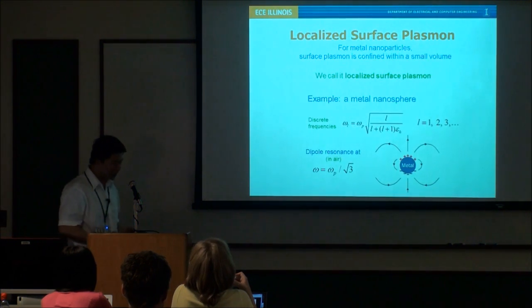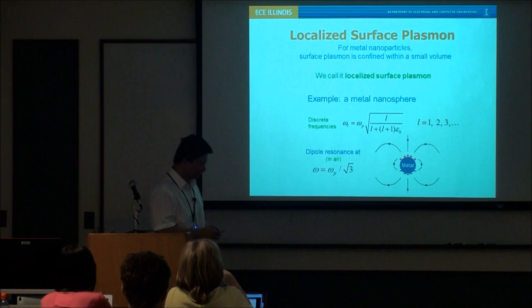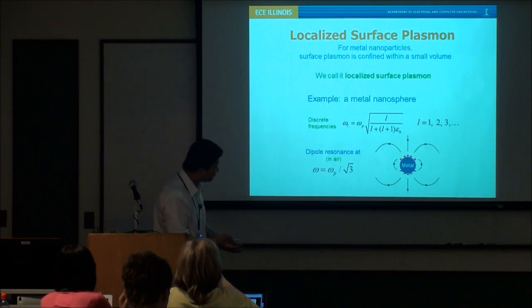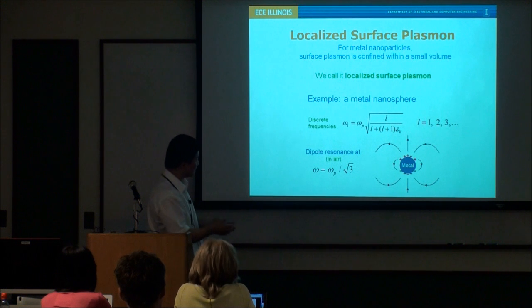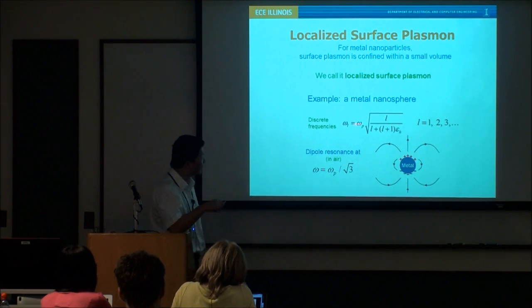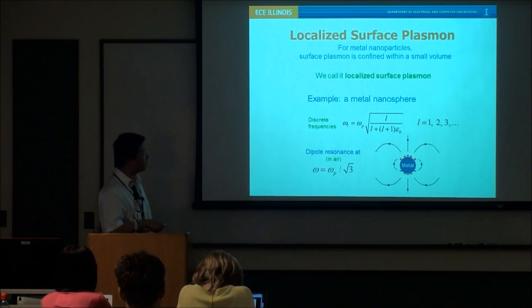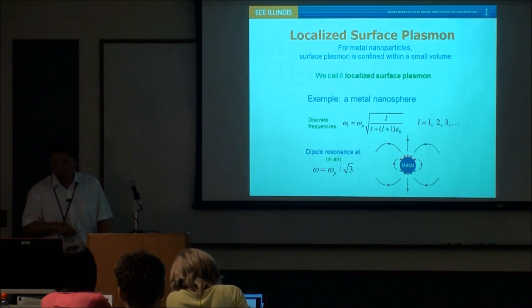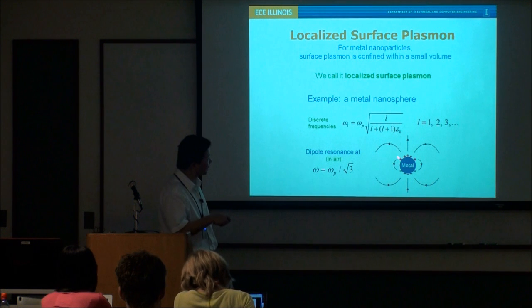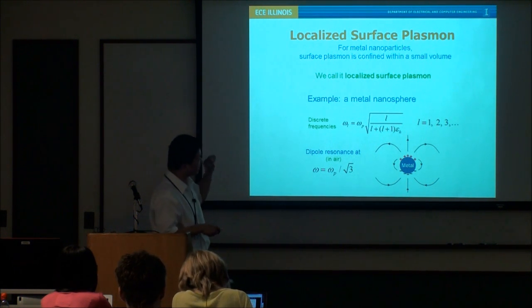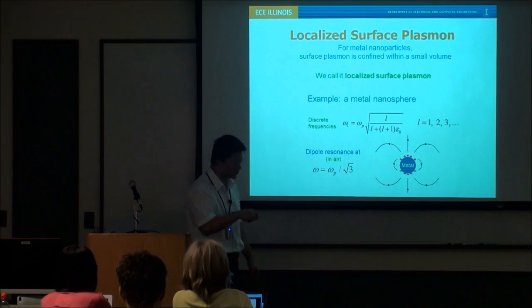And if you have a localized surface plasmon, then your wave is basically confined within the physical boundary of either a two-dimensional or three-dimensional structure like this. Then you have to modify the equations. Then your plasma resonant frequency, or even your bulk plasma frequency, has to be modified depending on the mode number of that plasma resonance in that three-dimensional structure.